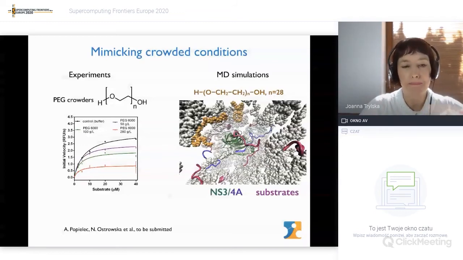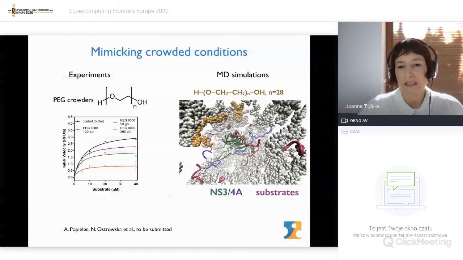So let's say the black line is the control, and all the others are different concentrations of the crowders. So we were wondering, it is difficult to interpret experiments at atomistic level of detail, because you get only these kinds of data.